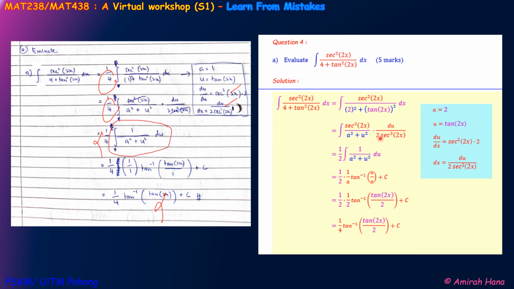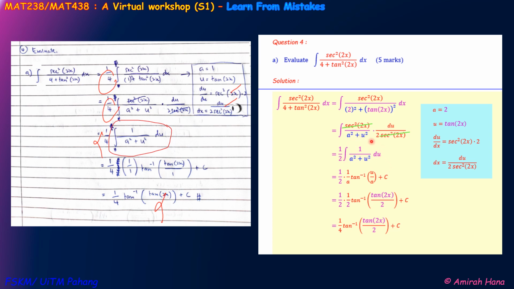Okay. Then we can simplify sec squared here and sec squared 2x in denominator here. And then at the same time we can move out over 2 from integration sign. So jadilah half integration of, yang ni dah potong, so jadi 1 over a squared plus u squared du.